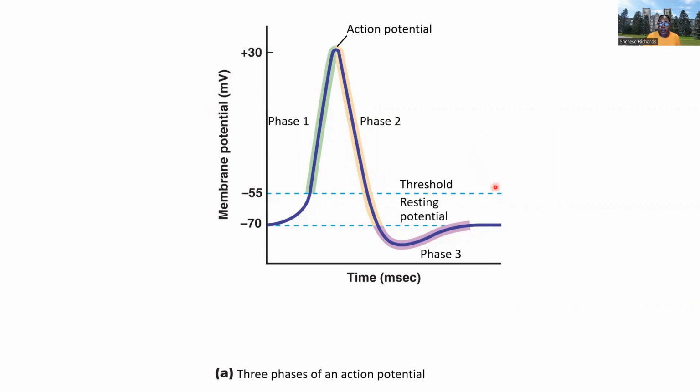Okay, so this is why it's so important to understand how we start off here at negative 70, because then you are better able to understand how we can move from negative 70 to positive 30, back down to negative 80 or so, and then eventually get back to rest. So thinking about what's happening in a resting cell is really important to understanding how we can now excite that cell and generate an action potential.